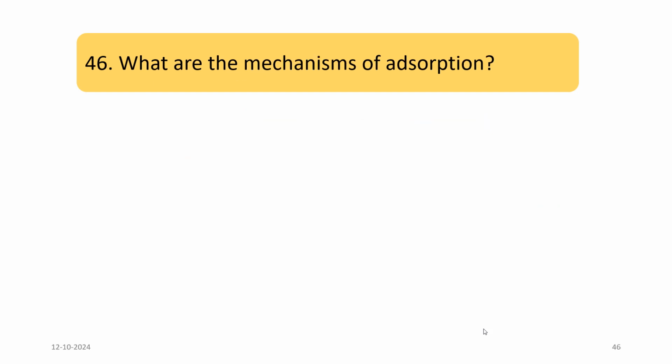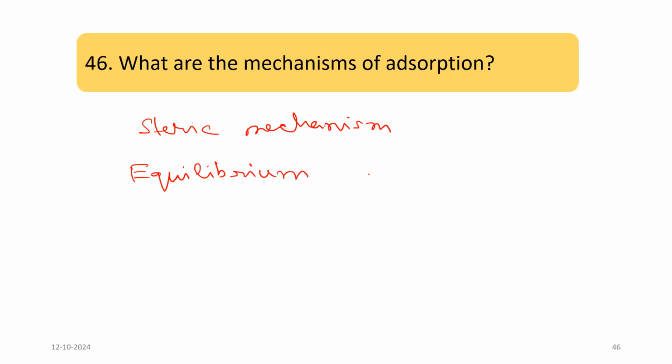Next, what are the mechanisms of adsorption? First one is the steric mechanism, where the porous solid has pores having dimensions such that it allows small molecules to enter while excluding large molecules from entry. This is very basic to understand. Second one is the equilibrium mechanism.